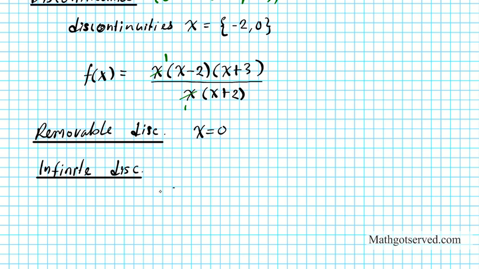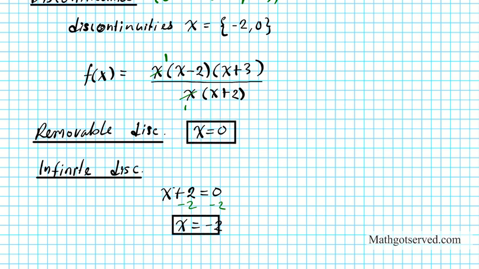I'm going to set that factor to 0, x plus 2 equals 0, and then solve. Subtract 2 from both sides, and you end up with x equals negative 2. You must have already guessed that, because if 0 is removable, then the other one has to be the infinite discontinuity. So there goes your discontinuities further classified into removable and infinite.